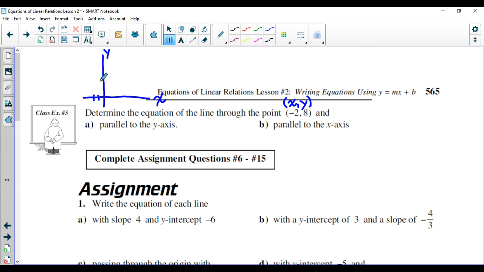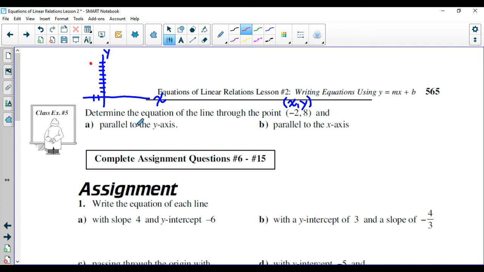Maybe we could label some points here. So here's 1, 2, so 2 to the left, and then 1, 2, 3, 4, 5, 6, 7, 8. So my point of interest would be located at -2, 8, which is going to be up here.